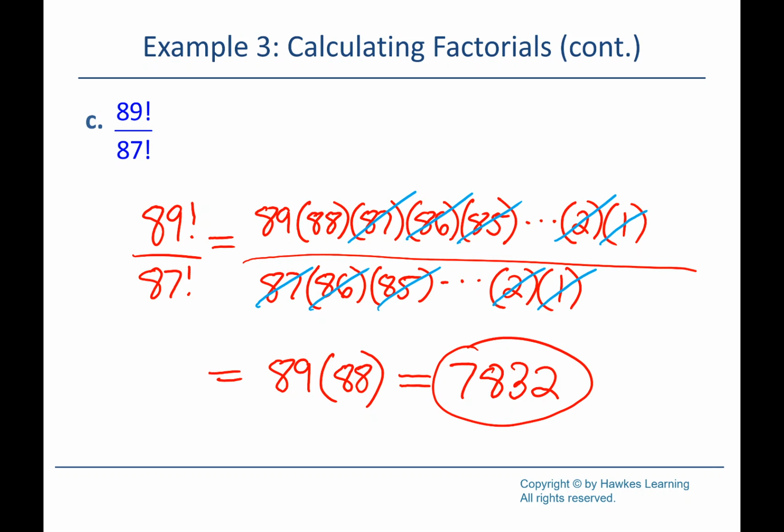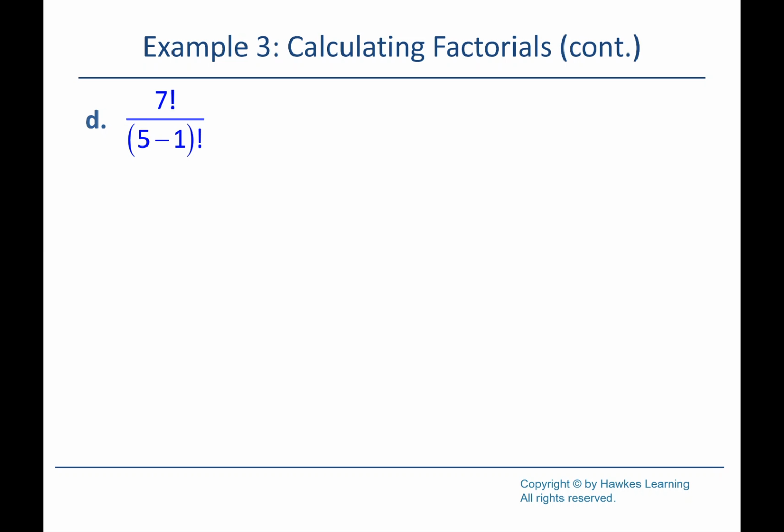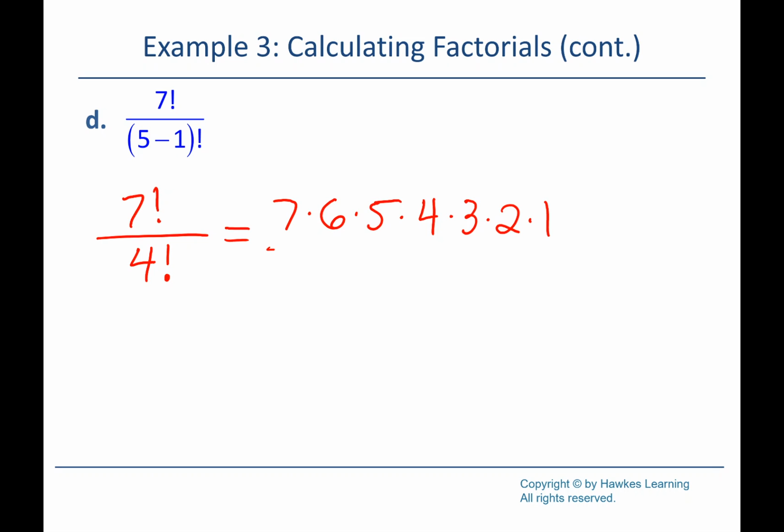All right, let's look at D. D looks a little bit different. We're going to use kind of the same idea. In D, we've got 7 factorial over 5 minus 1 factorial. So really we've got a couple of steps to simplify here. First, we're going to do the stuff in the parentheses. So this would be 7 factorial over 5 minus 1, which is 4 factorial. And then we can do some canceling, because on the bottom we'll have 4 times 3 times 2 times 1.